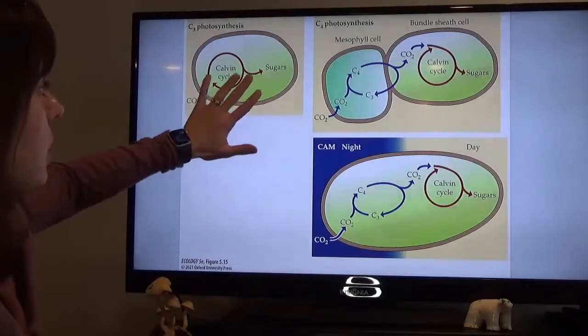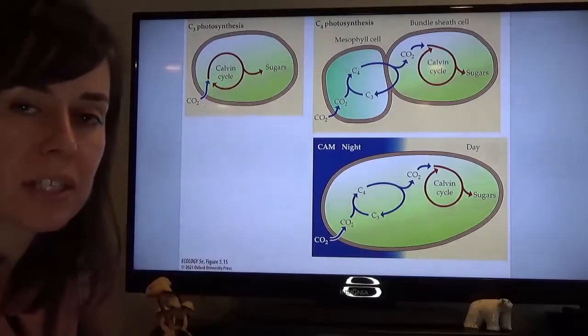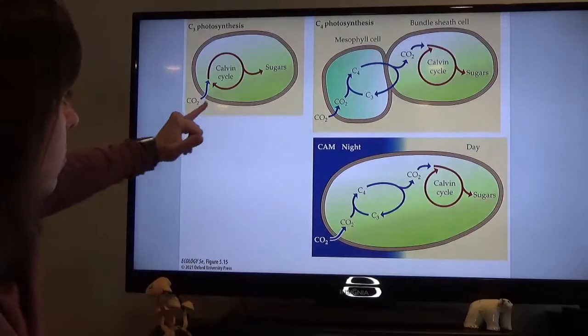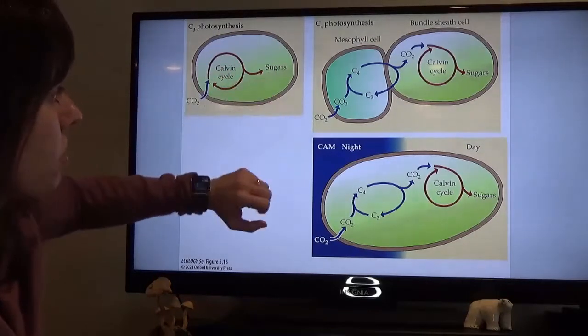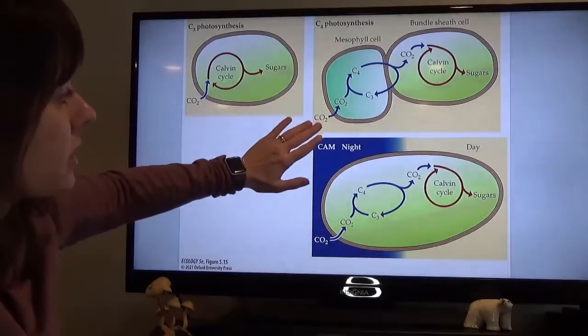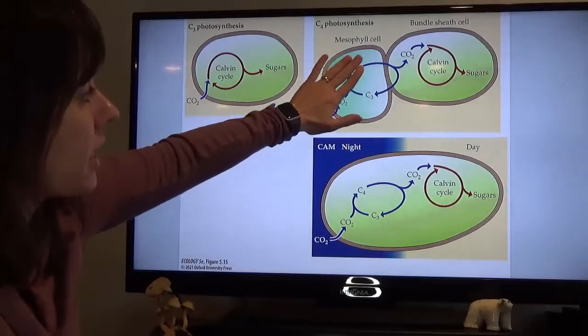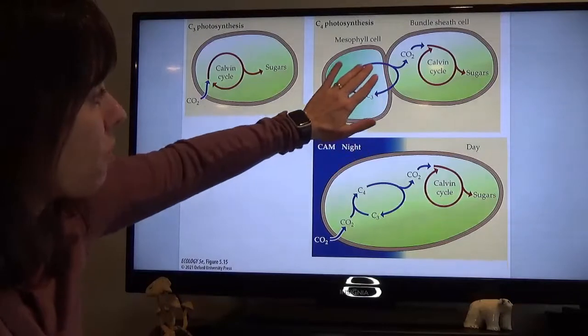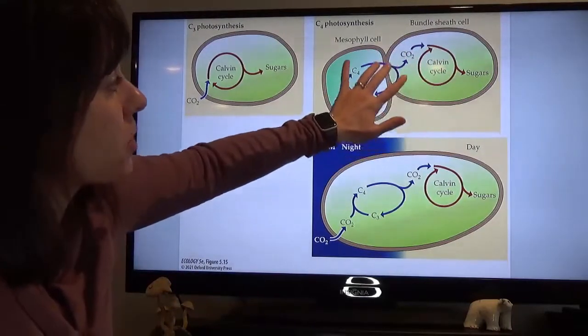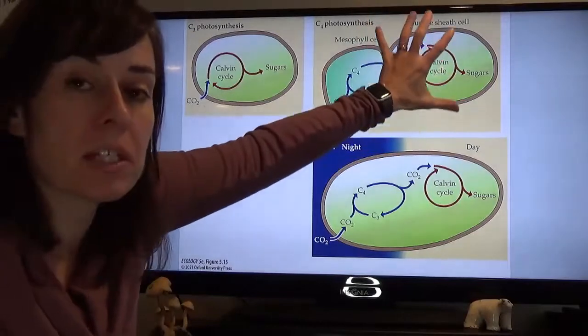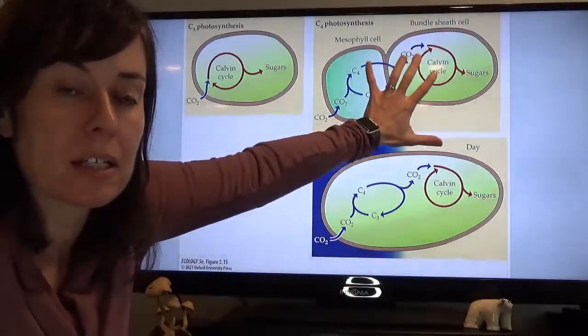Okay, so just to sum this up, and this is our last slide, here are the different types of photosynthesis. Our traditional photosynthesis, C3 photosynthesis, where CO2 comes in and is fixed by the Calvin cycle and sugars are produced. In C4 photosynthesis, CO2 is taken up and then converted to a 4-carbon compound, shifted into these bundle sheath cells where it's released again, so there's this CO2 concentrating mechanism.